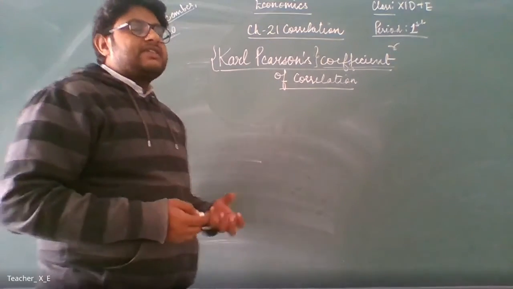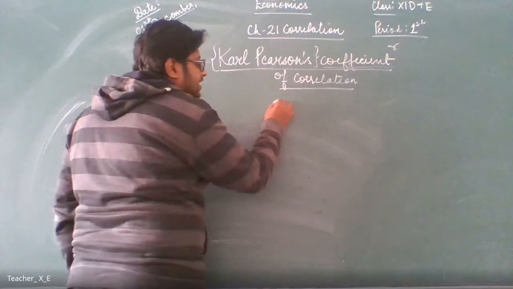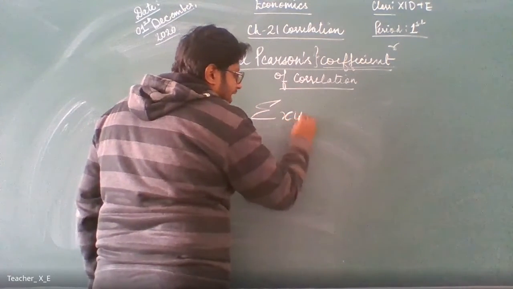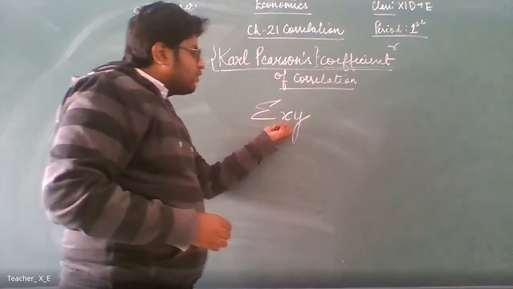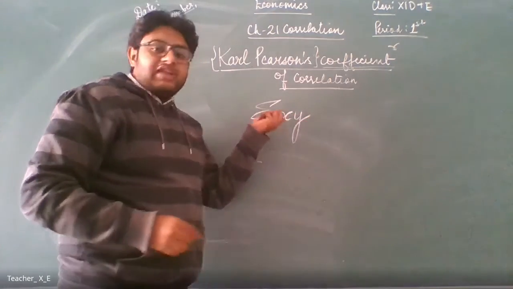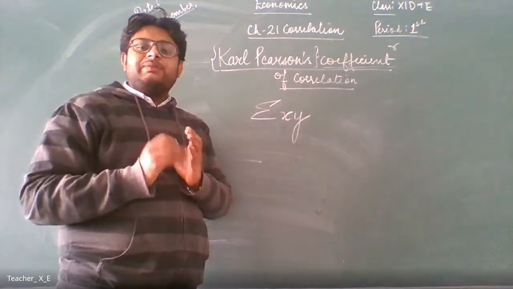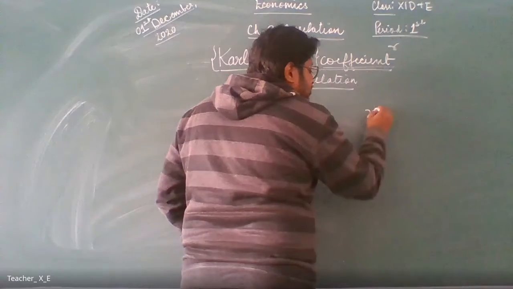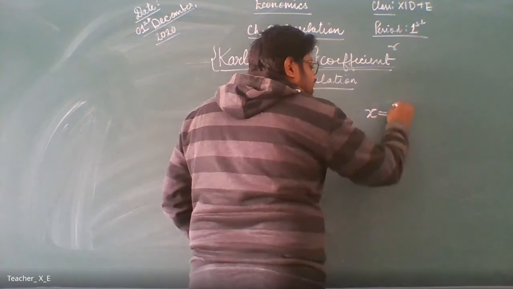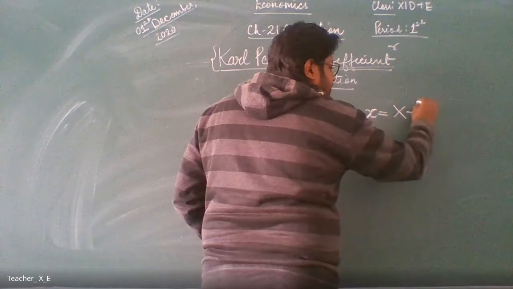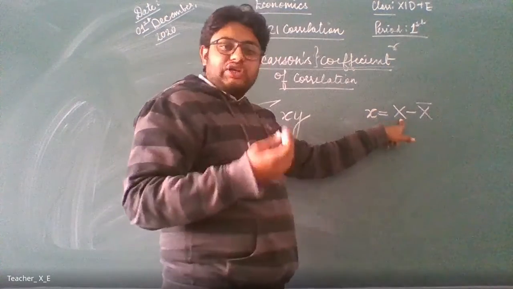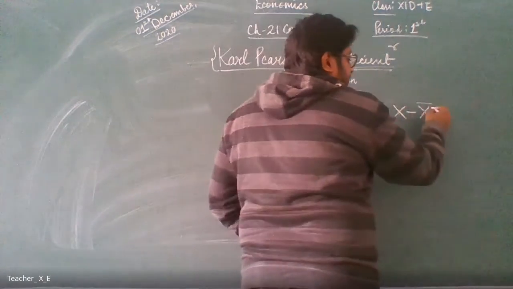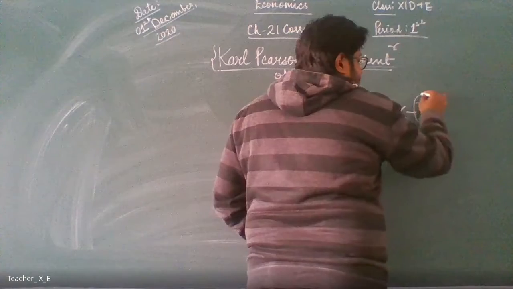He said that we have to take the summation of small x and small y. What is small x and small y? It is the deviation of a particular variable from its respective mean. For example, small x means x minus x bar, where x is a value of the x series and x bar is its mean.